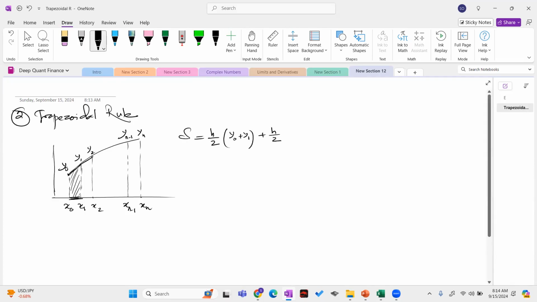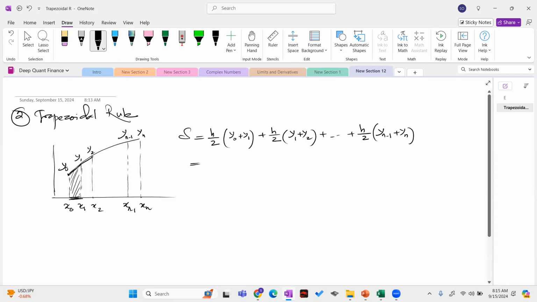The second one would be h by 2 times y1 plus y2, just averaging the y's at both ends, plus and so on, up to h by 2 times yn minus 1 plus yn. That's the formula under the trapezoid rule.